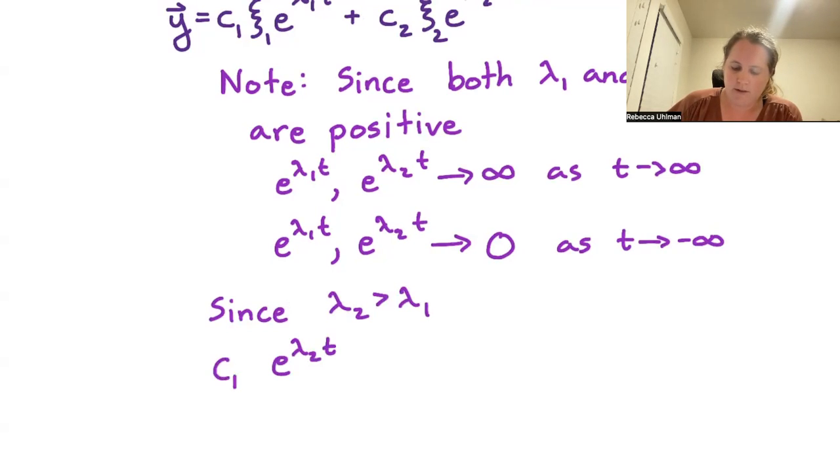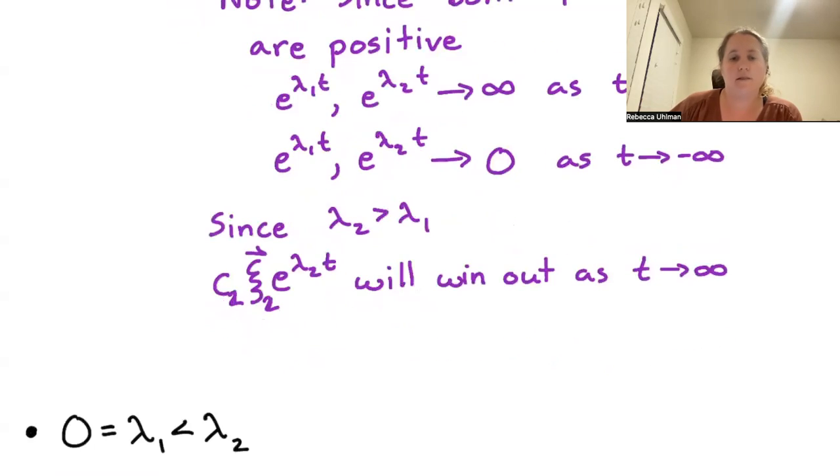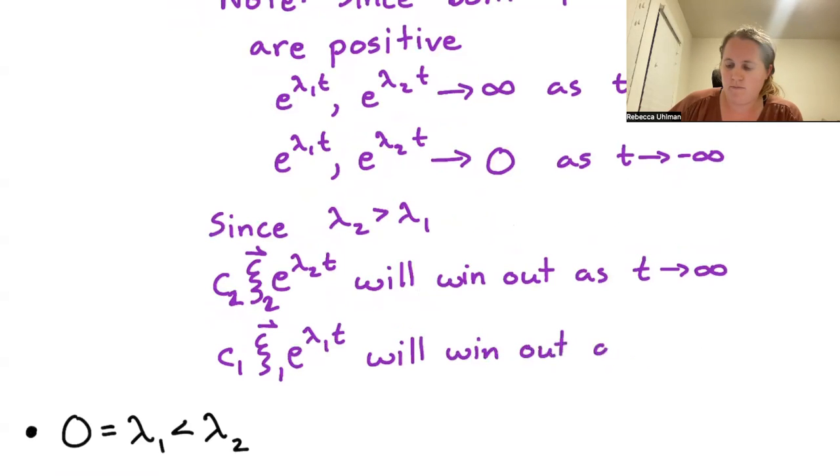So the C2 psi 2 e to the lambda 2t will win out as t goes to infinity. On the other hand, C1 psi 1 e to the lambda 1t will win out as t goes to negative infinity.